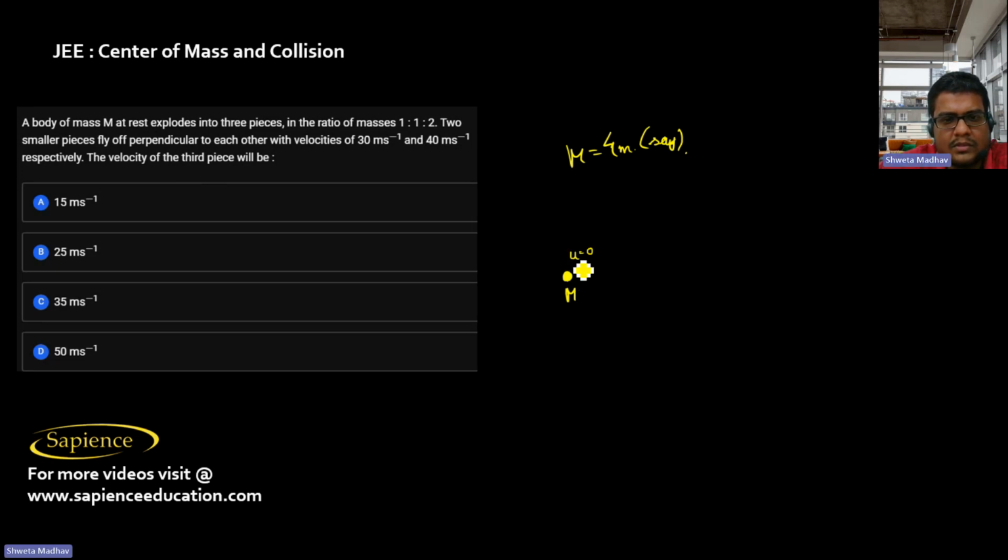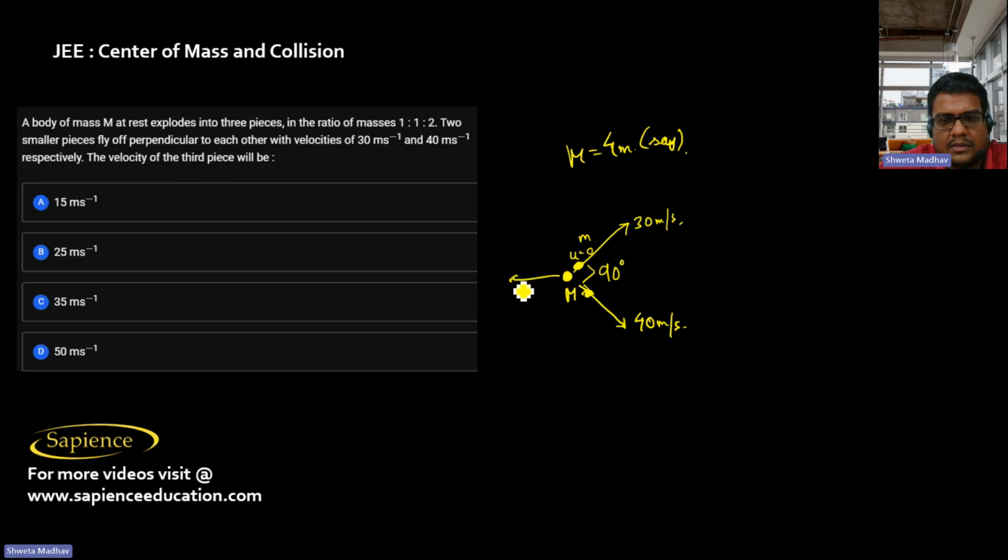So the two smaller pieces fly off perpendicular to each other. We can say one is flying off, let's say like this, at 30 meter per second. This is mass m, and another mass m is flying off perpendicular to it, at 90 degrees. This is 40 meter per second.